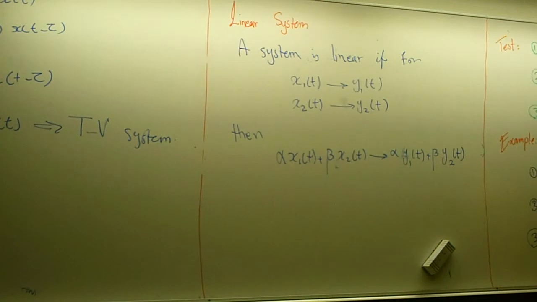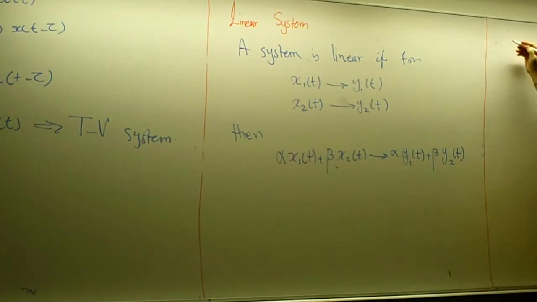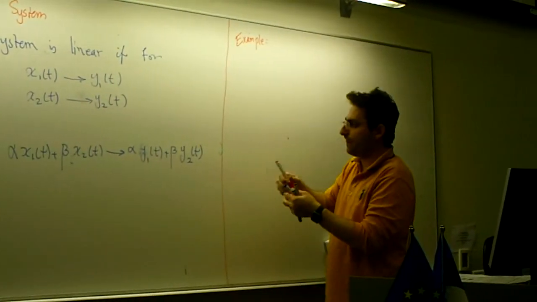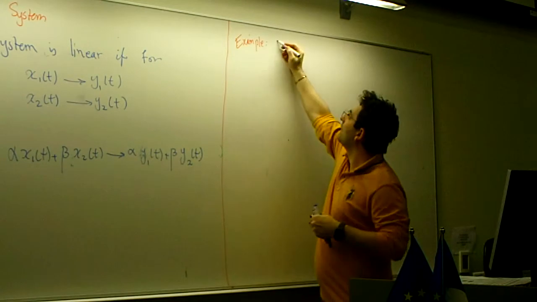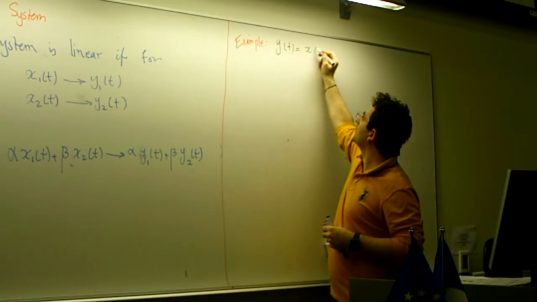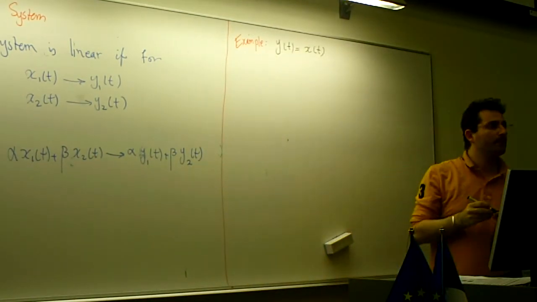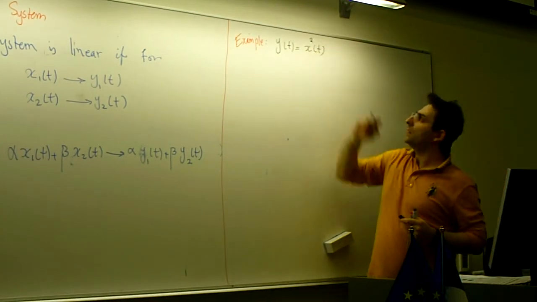As an example, we can talk about this system: y(t) is equal to x(t) squared.